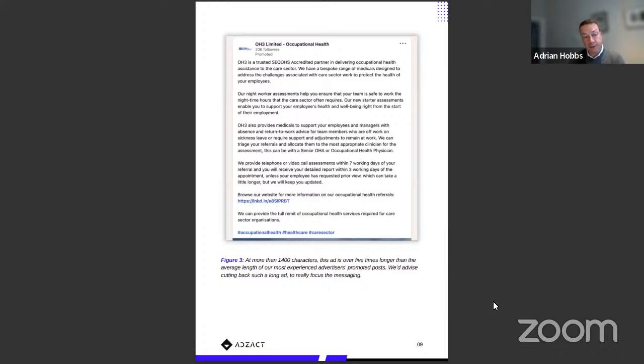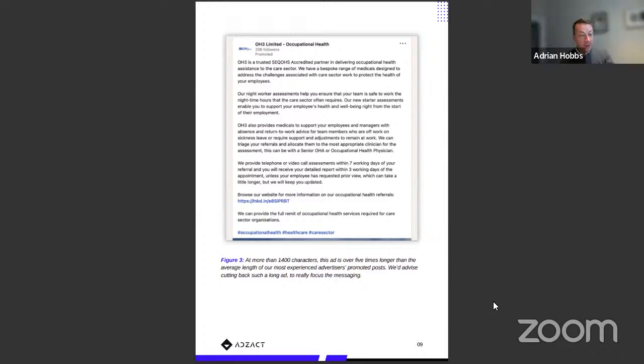This is a valuable service these guys are offering, and they obviously felt the need to go into some detail to explain it, but at the top of the ad is not the place to do that. And that was borne out by the research: this is more common with those people who are advertising less and appear to have less experience. And this is quite evident, the difference between one and the other.